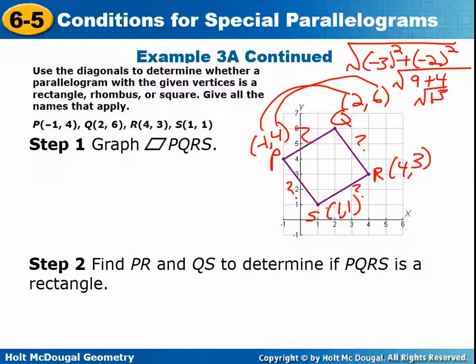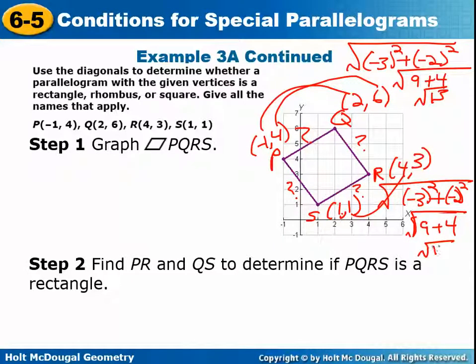I'm going to do the same thing down here. I'm going to take the square root of x minus x, which is 1 minus 4. That'd be -3 squared, plus 1 minus 3, which is -2 squared. So I would get the square root of 9 plus 4, which is the square root of 13 again. So these two sides are congruent.